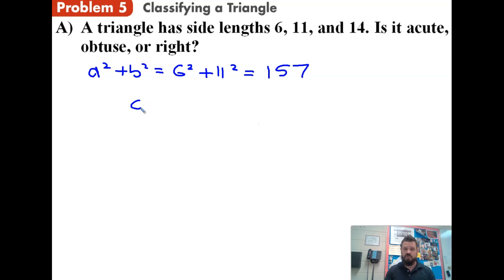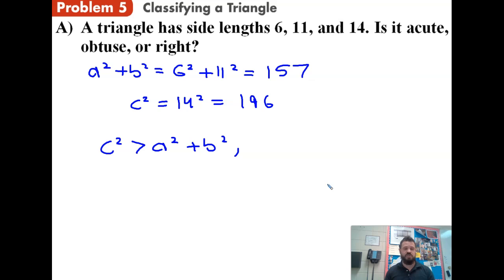Let's look at c squared then. The longer of the three sides, which will be 14 squared, that's equal to 196. Okay, so c squared is 196. A squared plus b squared is 157. So we just showed that c squared is greater than a squared plus b squared.